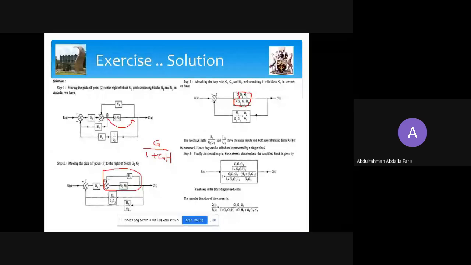We have G1 and that equation, and these two are actually being added here. The confusion for most of you guys was on these two. So these two, you can just add them, and then you have another feedback loop which you can absorb. So the whole of this is like a big G, and that is H. So using closed loop feedback absorption, you end up with that equation.